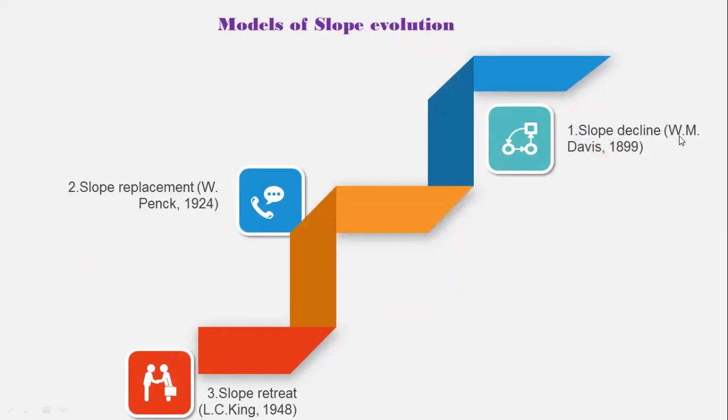The slope decline theory was given by Davis in 1899. Then Penck studied this slope decline, rejected Davis's theory, and came up with a completely new idea, the slope replacement theory, in 1924.